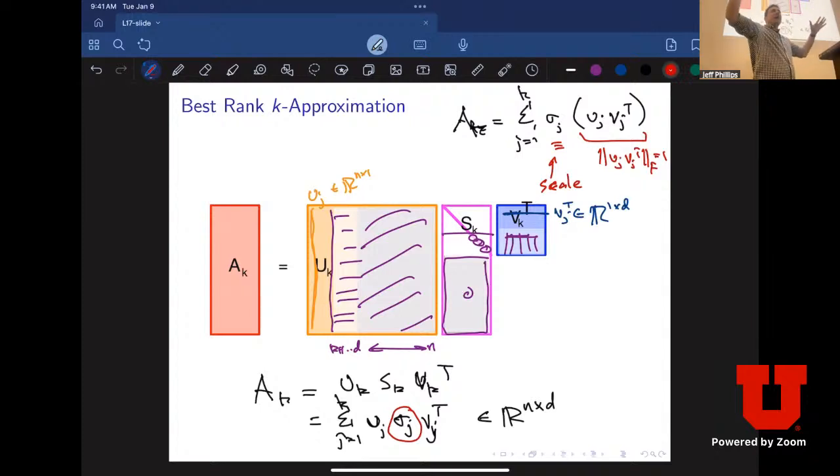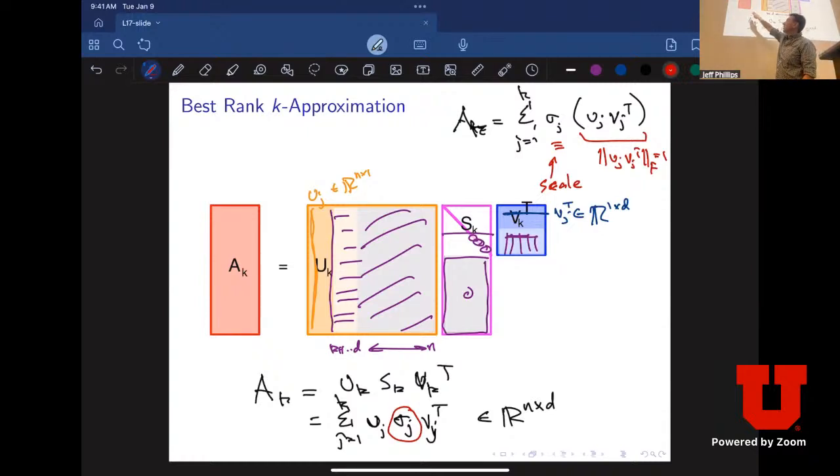Okay, so this is going to be a rank 1 matrix in n by d dimensions, and then I multiply it by a scale component, and I'm going to add k of these things up, and so it's going to be rank k. They're all going to effectively be orthogonal to each other. They're all going to add up in some nice way, and this will give me a rank k approximation, right?